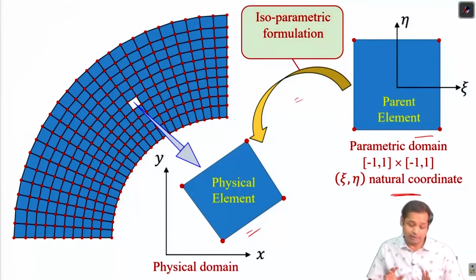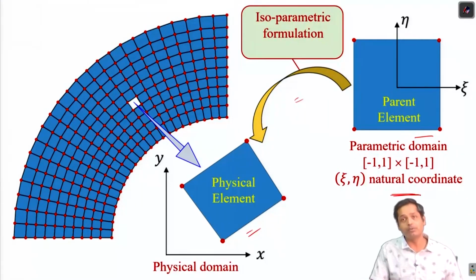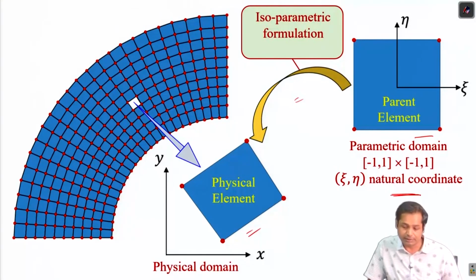That's why this formulation is very important in higher dimensions. Now, the idea here is we have a parent element, and we need to define a map between the parent element and a physical element. How to construct this map and how this map is to be used in the formulation is the topic of today's discussion.